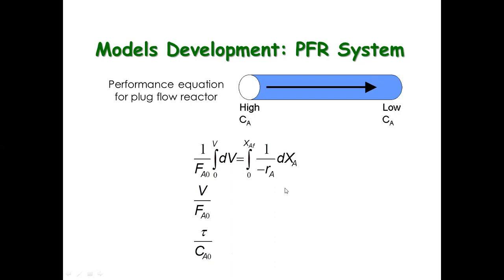If we don't have volume variability in our PFR, the performance equation of a PFR and a batch reactor is just the same if we don't have any variability in the volume. Okay? The performance equation of the batch reactor and the PFR are just the same.